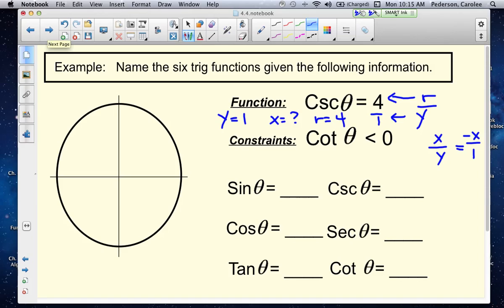So which quadrant will this fall in? Quadrant 2. A positive y and a negative x. My theta will fall in quadrant 2.